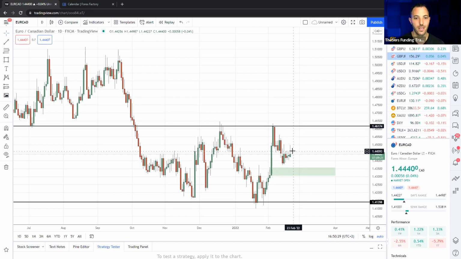Soon everything is going to change and we're going to break key levels and start new trends on the higher time frame, but we're still not there. So for the upcoming week, I would stick to a ranging strategy.